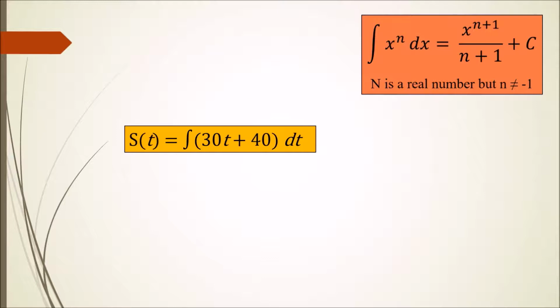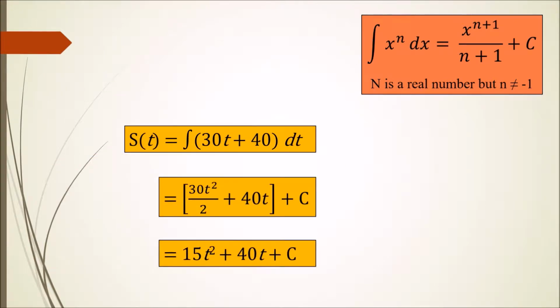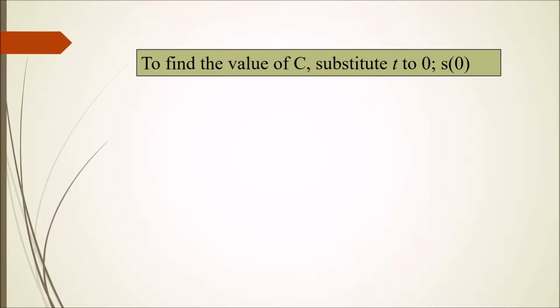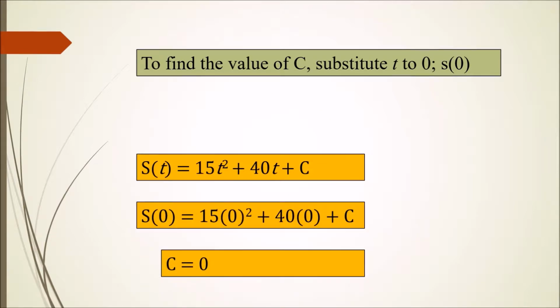By applying this method, we can solve the integration and we will get the answer 15t squared + 40t + c. After that, we have to find the value of c. To find the value of c, we substitute 0 into t, and we will get c equal to 0.